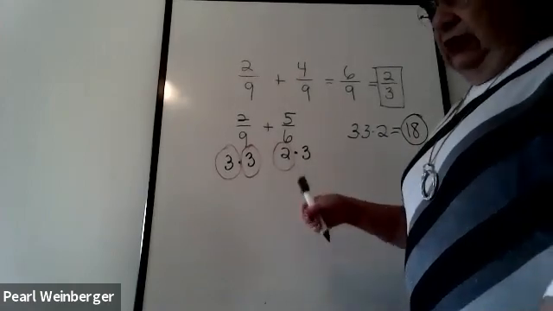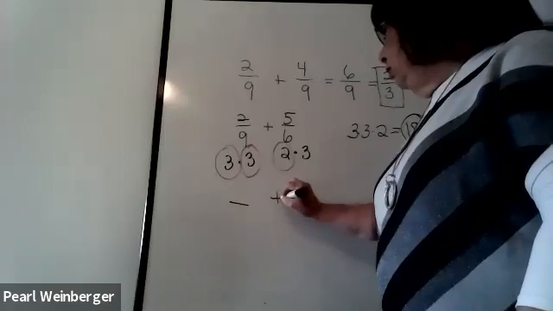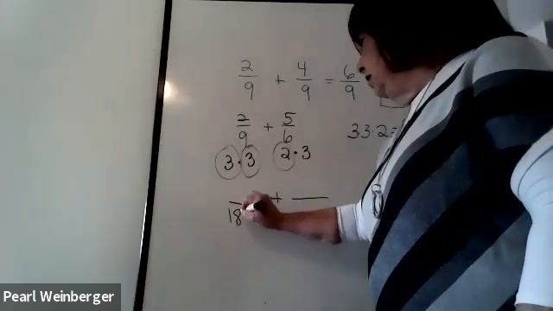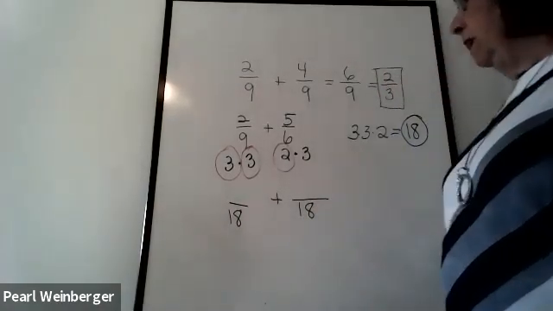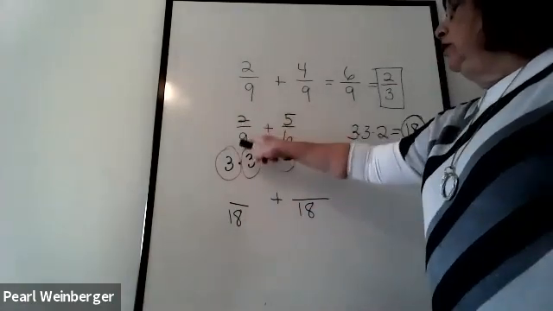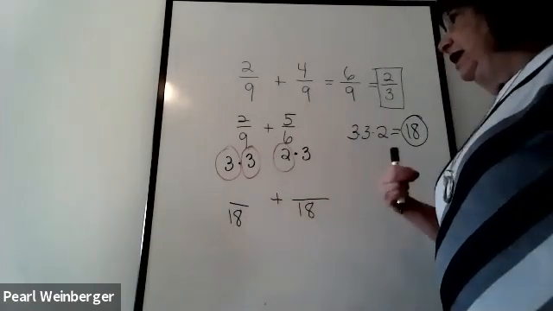The next step after that, if you'll recall, is you have to rewrite your fractions with that LCD as their denominator. I want to rewrite 2 over 9 as a fraction whose denominator is 18.